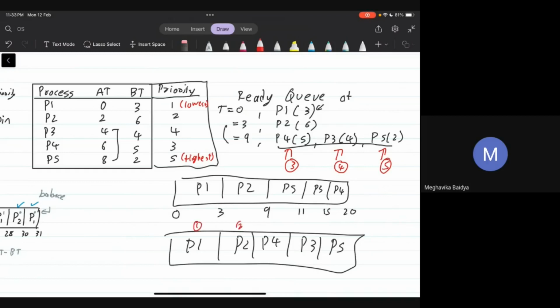This is priority 1, 2, this is 3, this is 4, this is 5. This is 1, this is 2, this is 5, this is 4, this is 3. Okay, done.